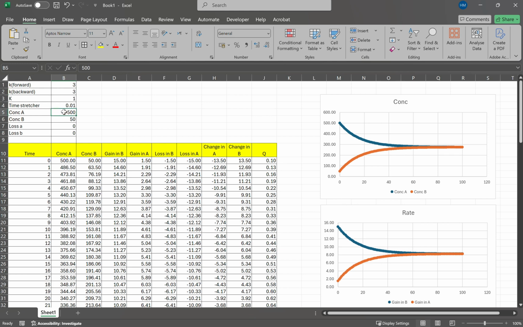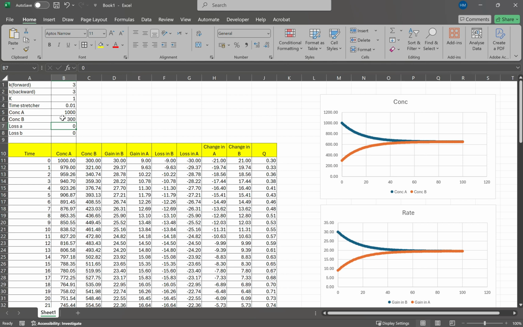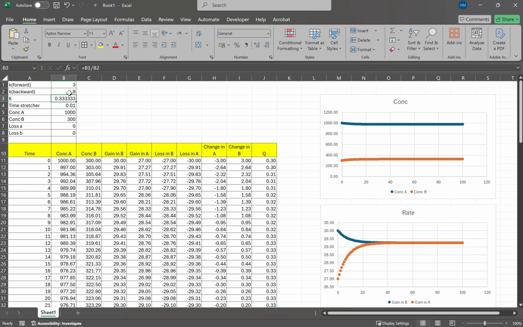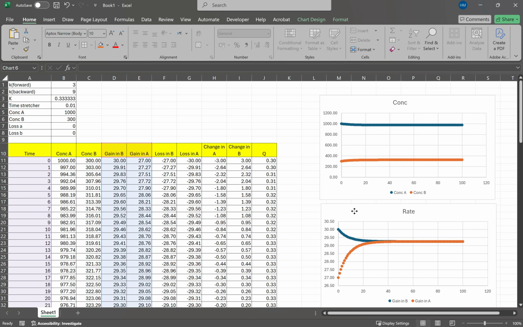And no matter what I have as my starting concentrations, they will always meet. But that's really rare, almost never happens. And normally the rate constants of forward and backward reaction are different. And in those cases, these lines don't meet. But this line will meet. Or these lines will meet.